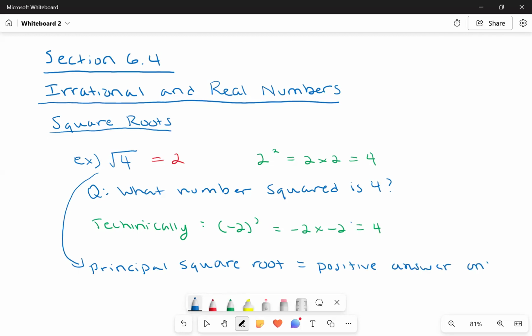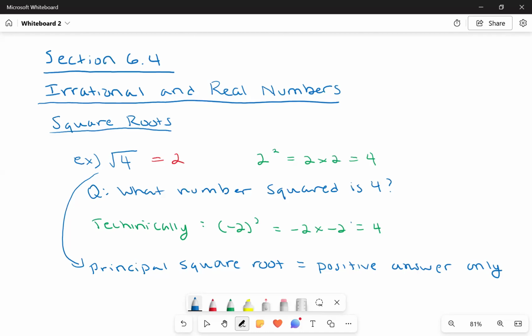Now, there are cases where they might ask for the negative answer too. Usually, rather than say square roots, they might say the roots of a number. And if we introduce a square root, we'll talk about the possibility of a negative in those examples, meaning we won't necessarily assume we're working with the principal square root, but sometimes we will, and we'll talk about that.